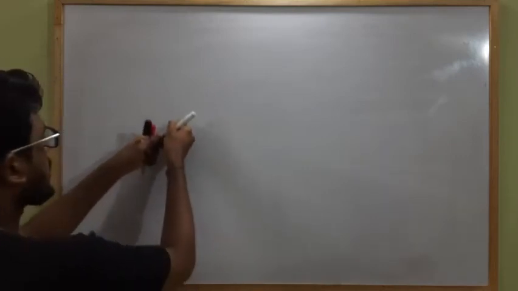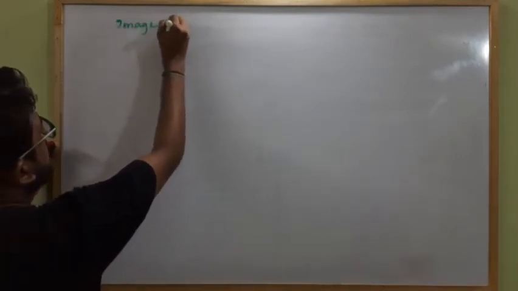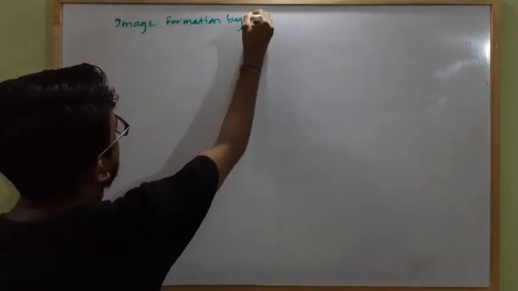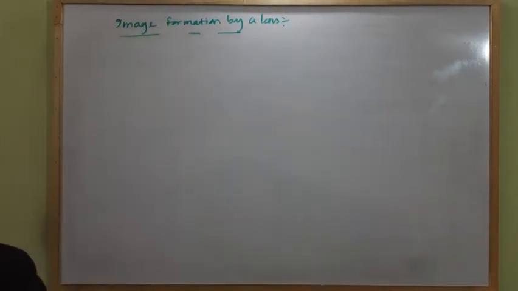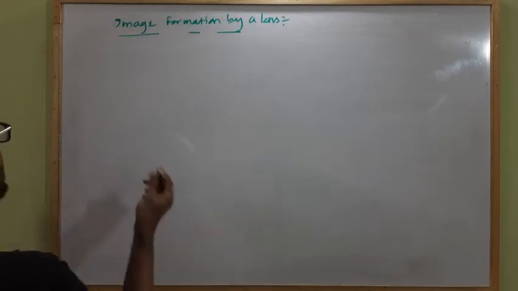So image formation by a lens. Clear? So here is a convex lens.